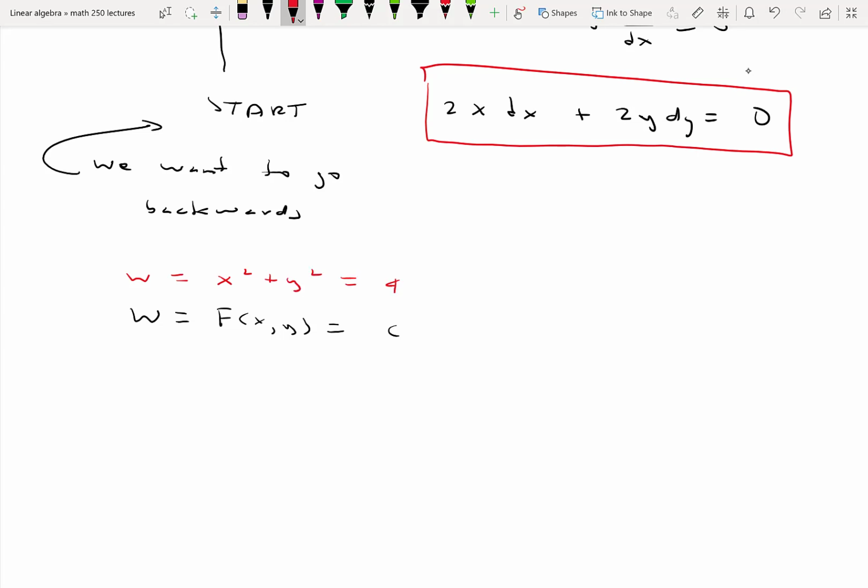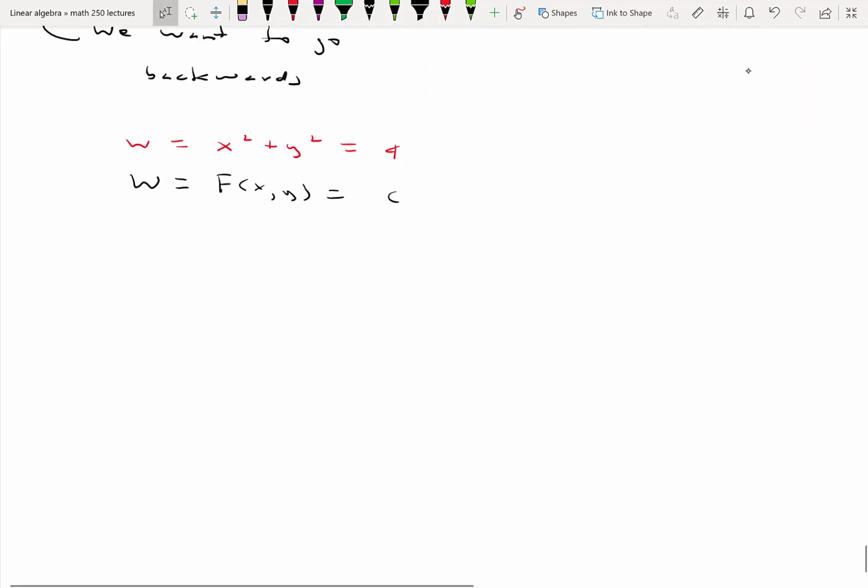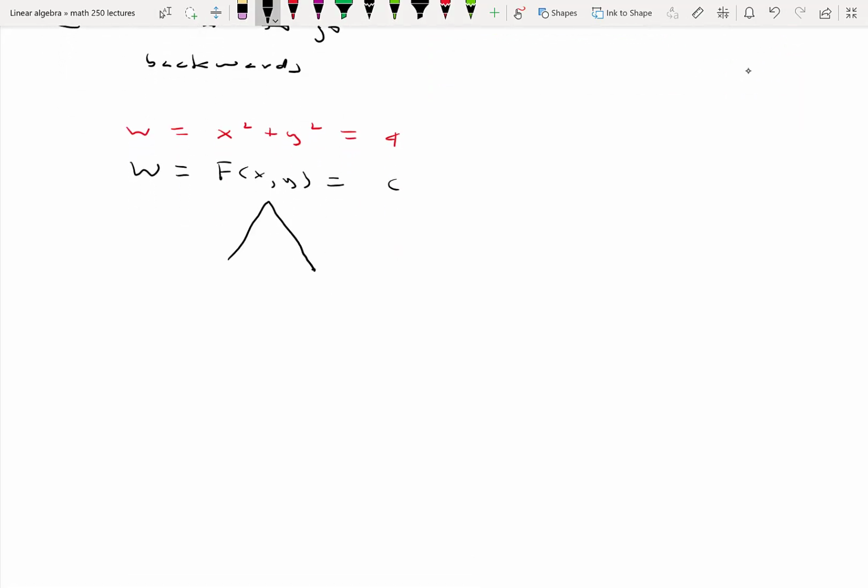Then, with the help of a little bit of Calc 3, the function capital F is a function of x and y. X is a function of itself, it just equals x, and I'm assuming that y depends on x. I have some function y of x, theoretically.